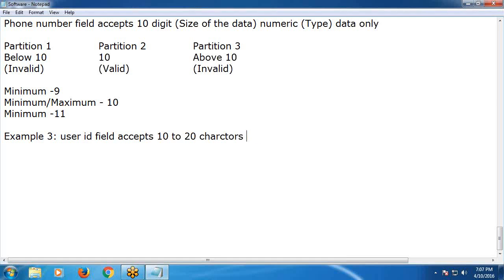Forget about alphanumeric or anything else; you focus on range. The user ID field accepts 10 to 20 characters. For that, first divide the partitions.